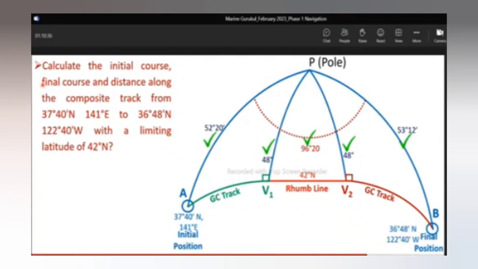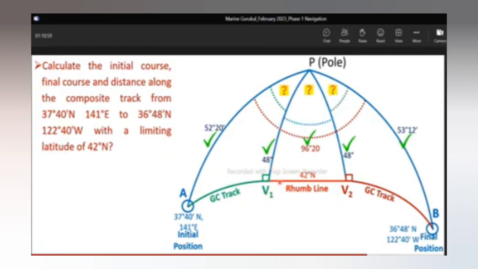And using the two right angle triangles, now let us also identify what all are we going to calculate. We can calculate this angle. This will be D long between meridian of A and meridian of V1, and that can help us in finding the longitude of V1, whose latitude is already known.